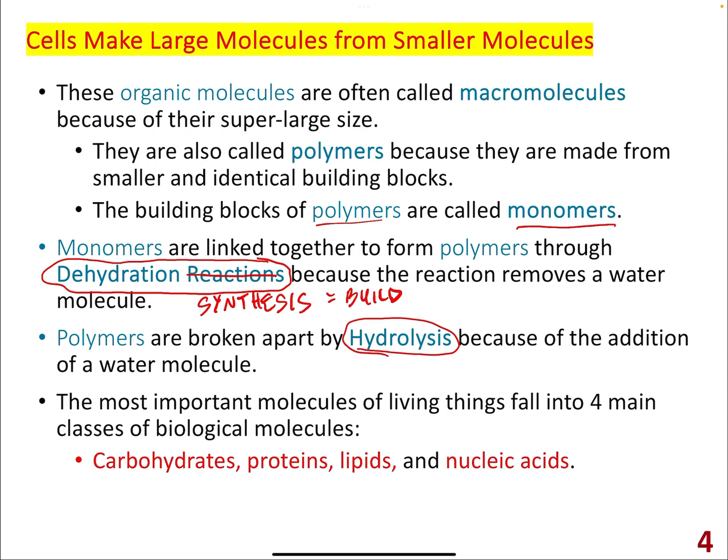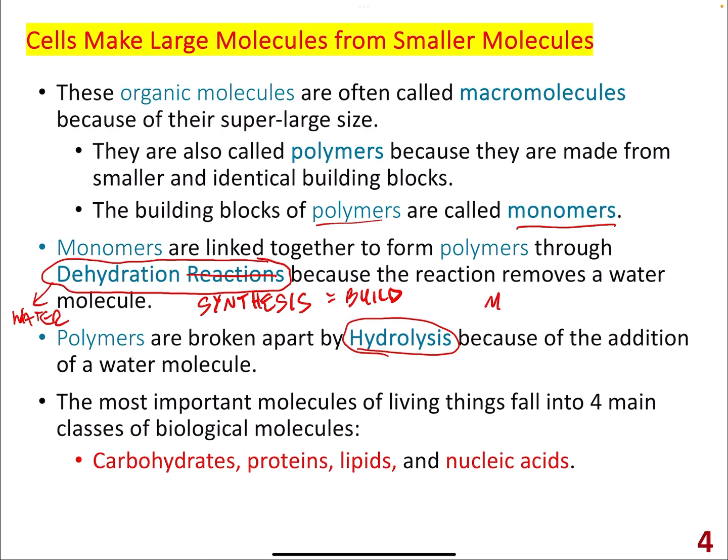That means to take out a water molecule, remove water. So what does it mean to build something and take out water while you do that? Look at the full sentence. If you're going to make a polymer from small building blocks, you are going to remove water in the process.